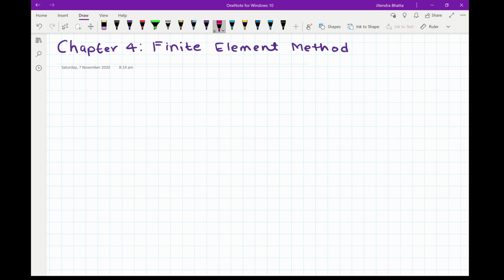So here basically, finite element method is a tool or a method which is used to solve problems related to engineering and mathematics.